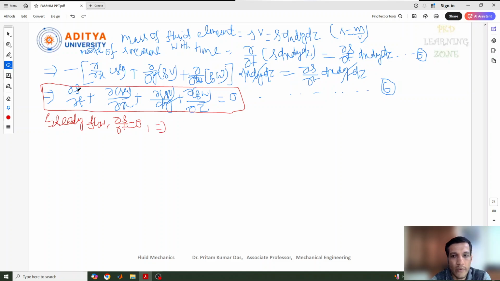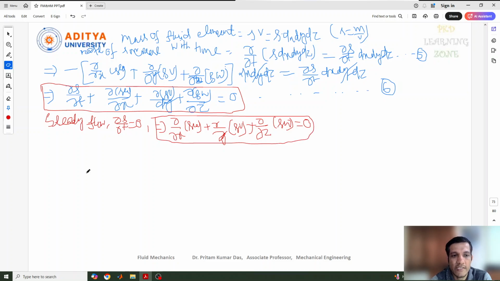Just put this value in equation 6. This term goes to 0, so the remaining terms will be del by del x into rho u, similarly del by del y into rho v, plus del by del z into rho w, equal to 0. So this is the form of the continuity equation when the flow is steady.